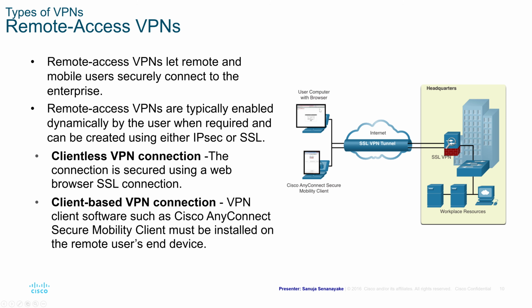So at the end of the day, whether the user is using a computer with a web-based VPN connection or a computer with Cisco AnyConnect type of software, they would still be creating a similar type of VPN SSL tunnel or IPsec tunnel that would allow you to connect to the headquarters network.